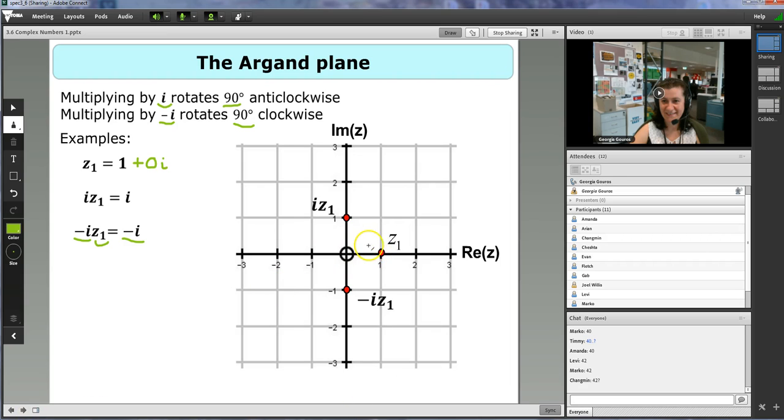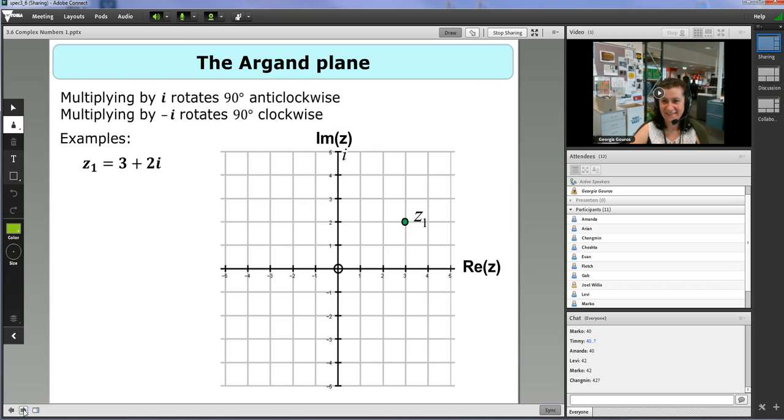This was multiplying by i, and this was multiplying by negative i. It's quite an interesting property. And if you keep on multiplying by i, you can keep on rotating all the way around, either clockwise or anti-clockwise.